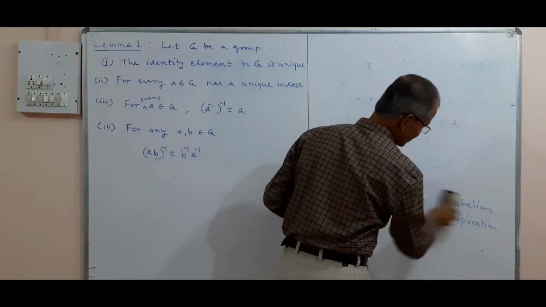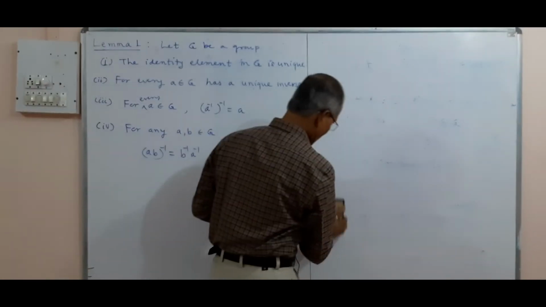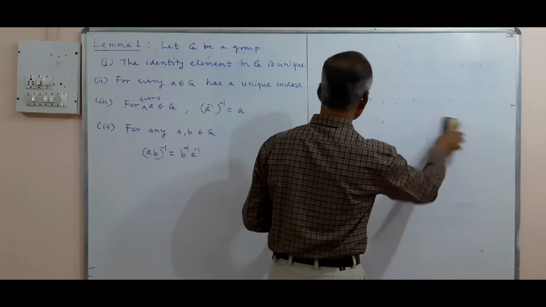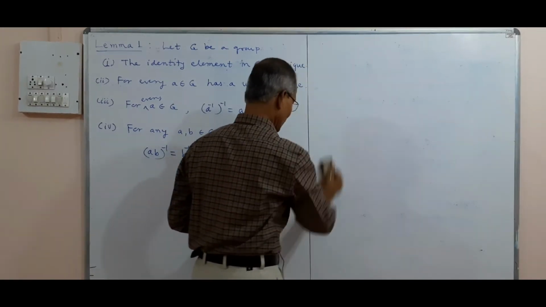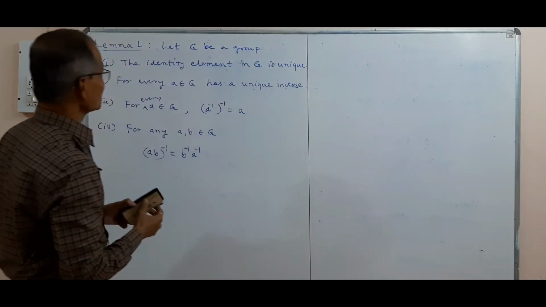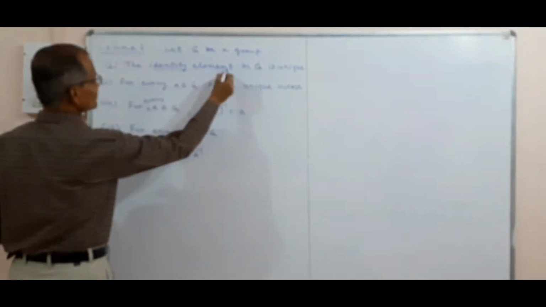Now the first property we shall prove. Identity element is unique. Now we know e is the identity element, and we want to prove that it is unique.